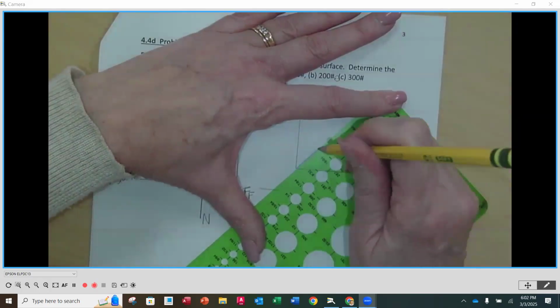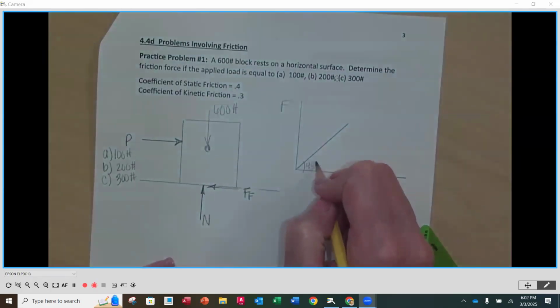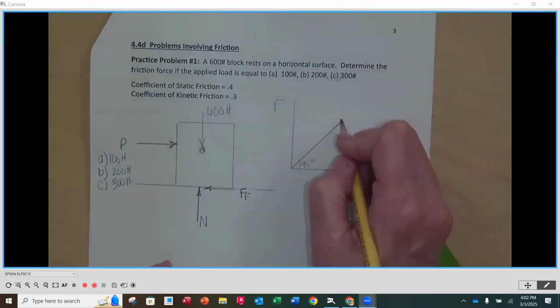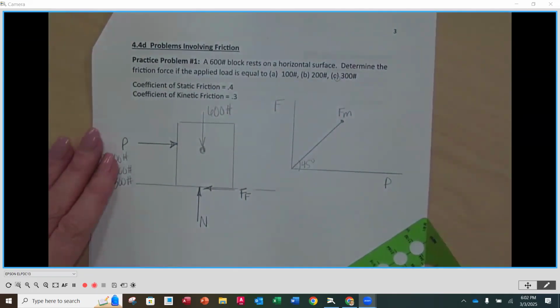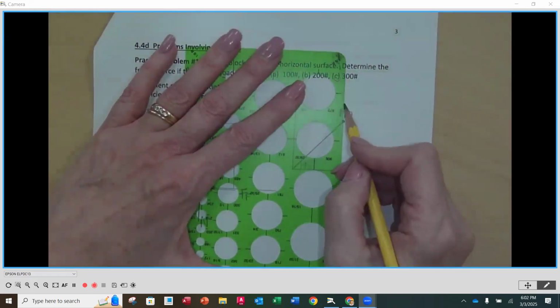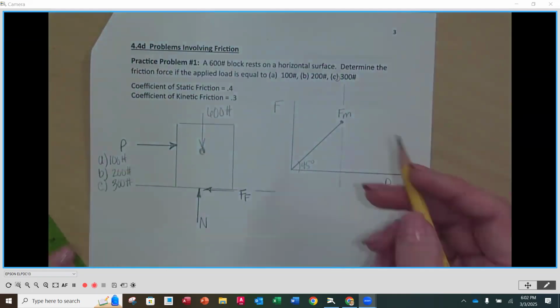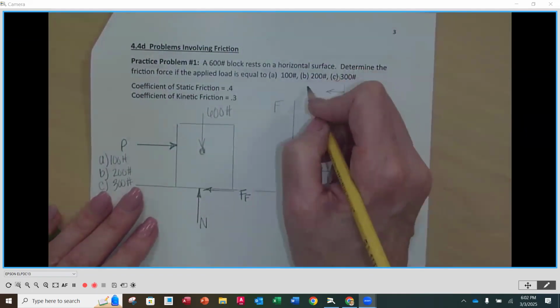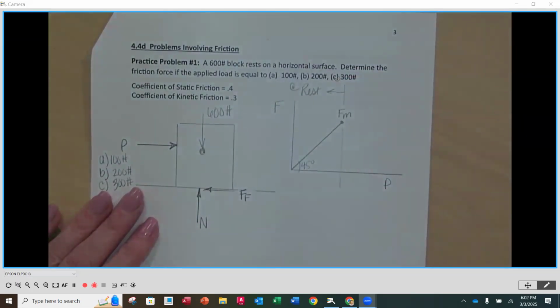And we are going to have a section where, again, this is 45 degrees, and it's going to go up to a maximum friction force at the highest point on that graph. I like to say that's my dividing point. Anything to the left, we are at rest, we're not moving.